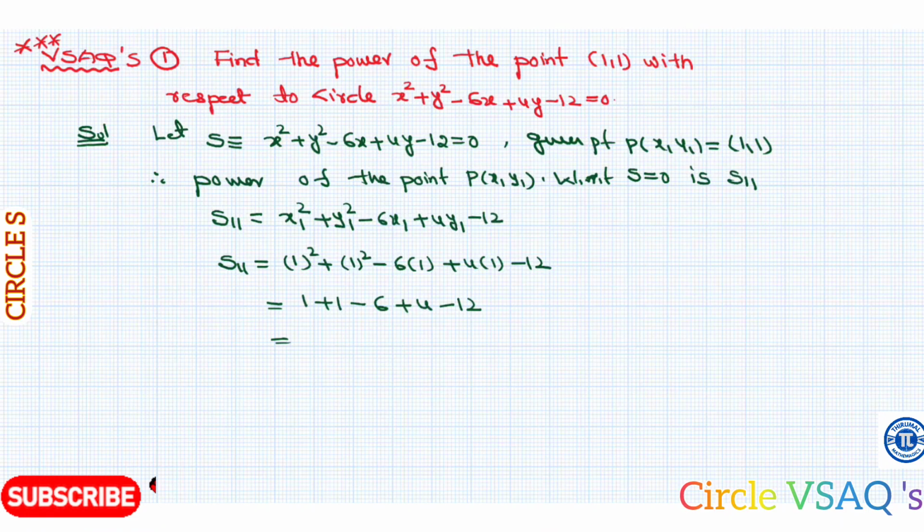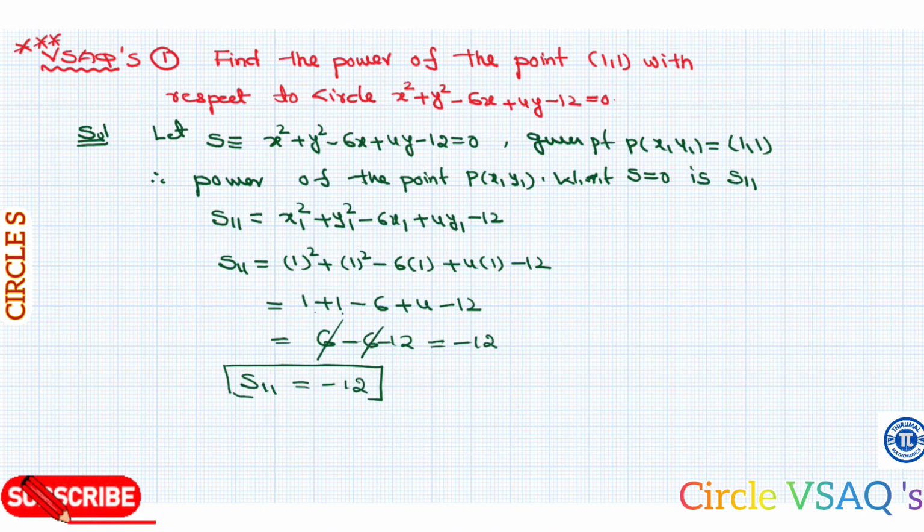Then 1 plus 1 is 2, 2 plus 4 is 6, minus 6 plus 6 cancel, equal to minus 12. This is the power of the point, S11 equal to minus 12.